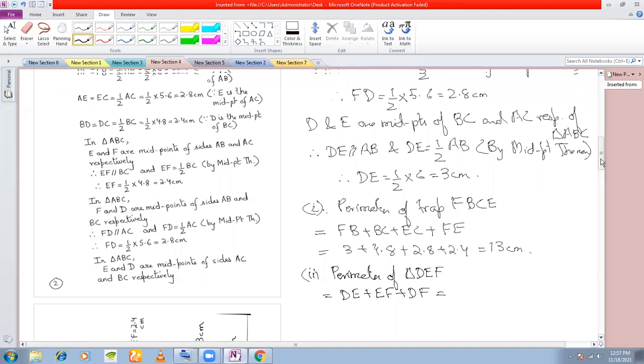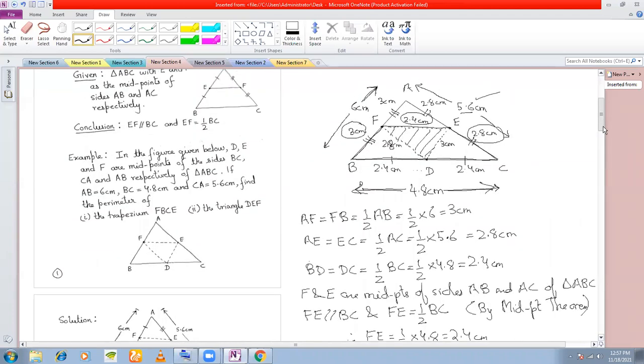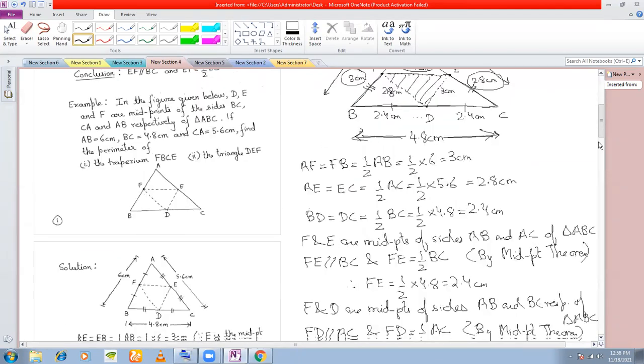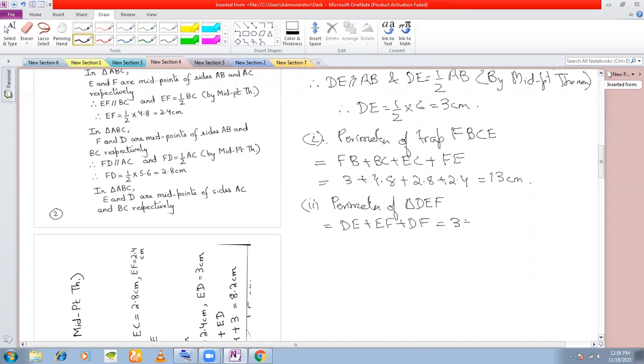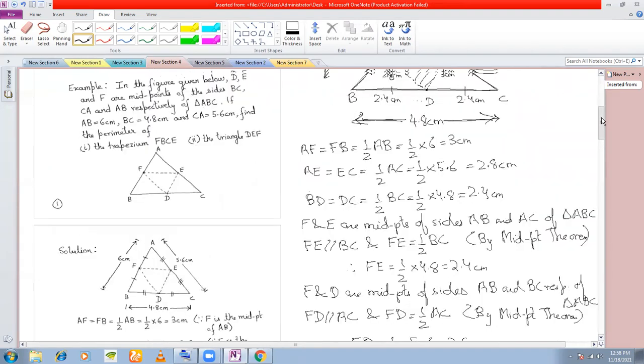DE and EF, 3 plus 2.4 plus 2.8, 8.2 centimeters. Clear?